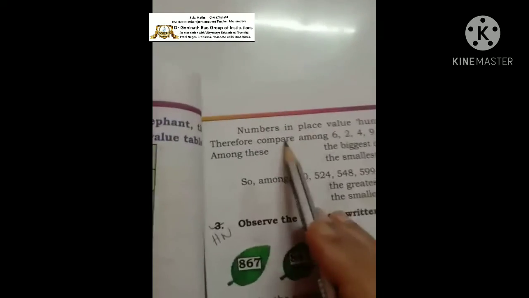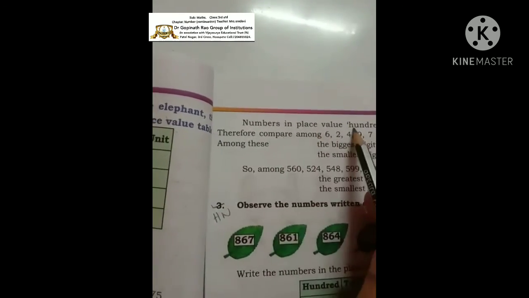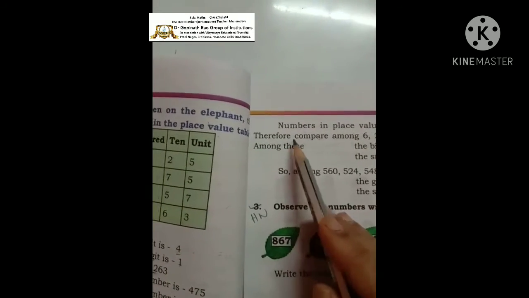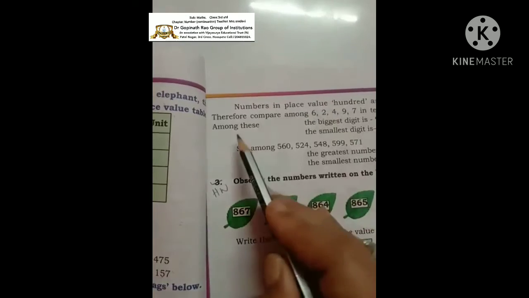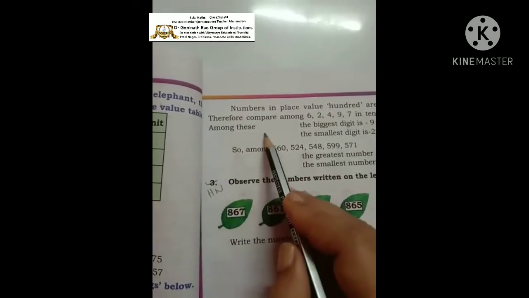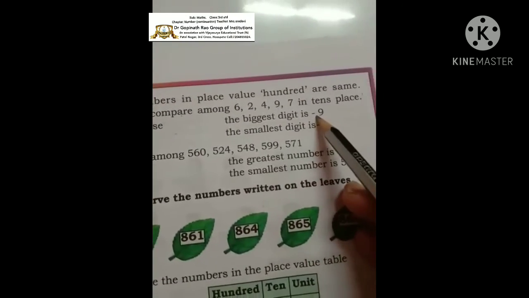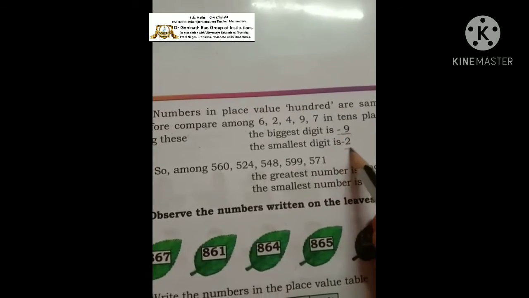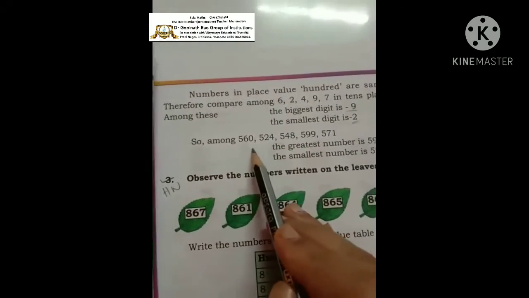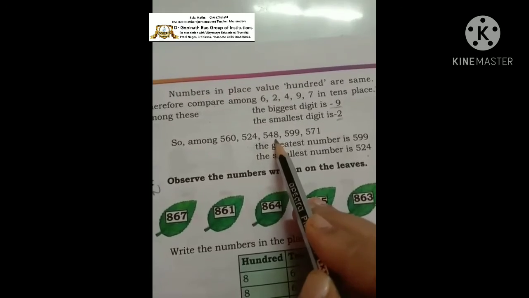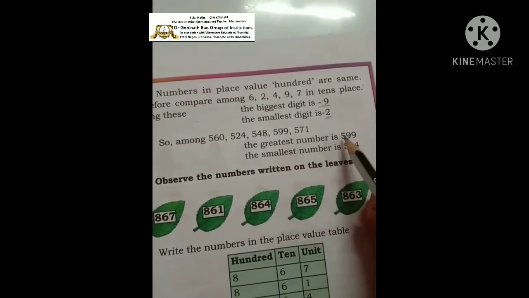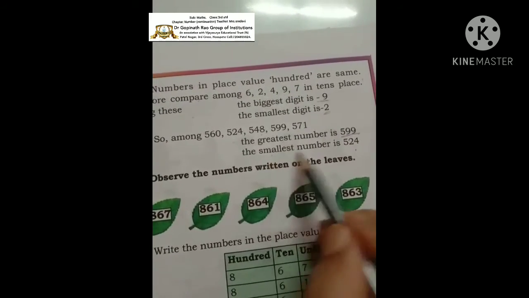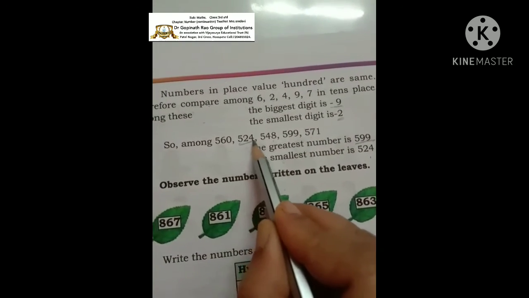See, the numbers in the hundreds place are same. Therefore, compare among 6, 2, 4, 9, 7 in the tens place. Among these, the biggest number is 9 and the smallest number is 2. So among 560, 524, 548, 599, 571, the greatest number is 599 and the smallest number is 524.